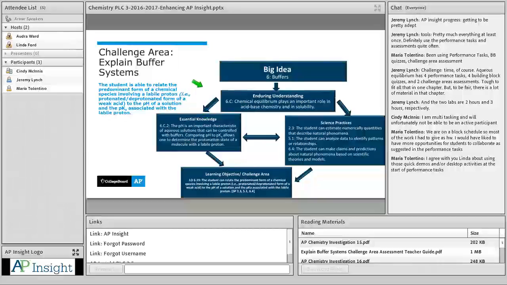And I would hope that you all agree that explaining buffer systems can be one of those sticky areas for us to teach. The other nice thing about this whole process is that they give us so many formative assessments so that we can quiz the students on small chunks and larger chunks to see how they're doing before we would assess them for a grade in our classrooms.